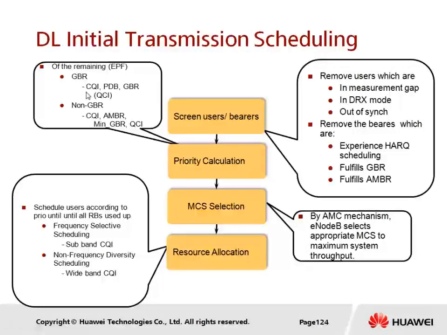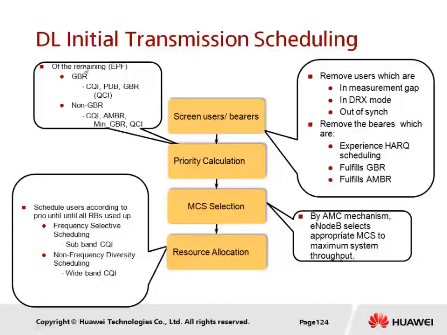GBR stands for guaranteed bit rate, where the CQI will be considered, packet delay budget will be considered, and the guaranteed bit rate will be considered. As for non-GBR bearer, CQI and AMBR are the most important factors in determining the scheduling priority. A minimum GBR could be defined in the system, meaning we can define a minimum value to safeguard the lowest bit rate of a non-GBR bearer.